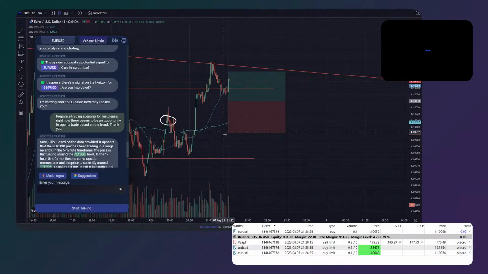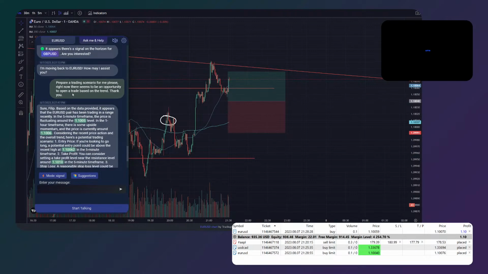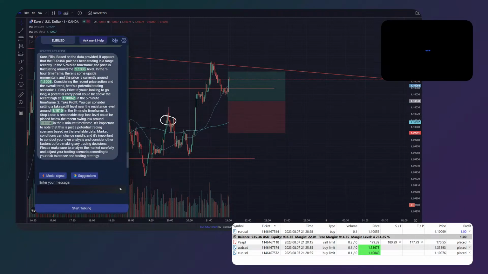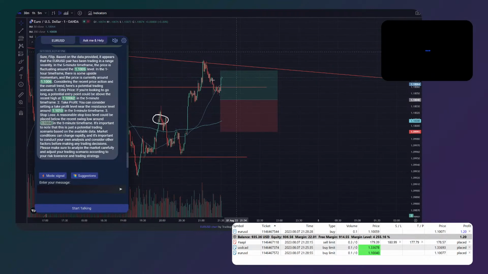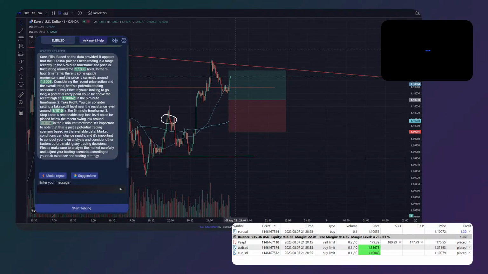And it seems to be good when another signal arrives. If the euro dollar would be appearing now in the chat, it's good to close the first one and then decide what to do next, because the signals are generated when there is something imminent starting to build up. Like here, the signal was given to us around here, and in like 3 minutes, bam, it just went up like 20-30 points, something like that.